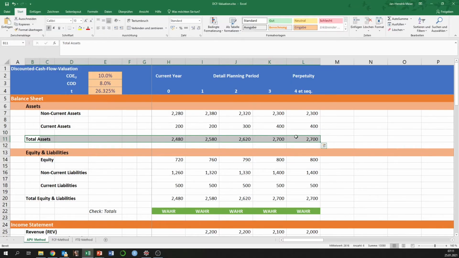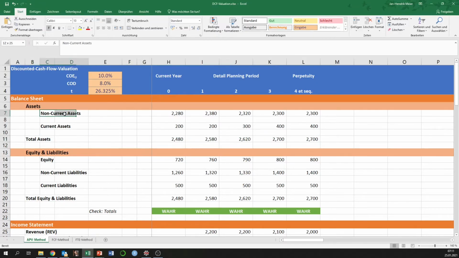We don't see, and please mind that, we don't see the cash balance here. The cash balance is included in the non-current assets. Why do I point out on that? Because later, if we see the cash flow calculation, the change of the non-current assets also inherits the change of the cash.